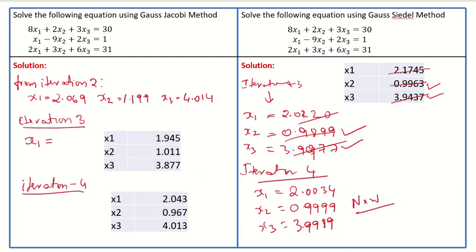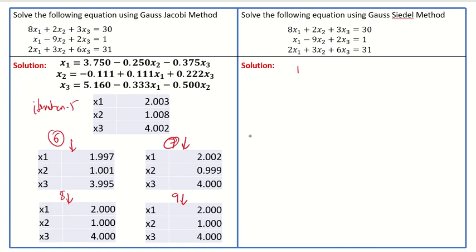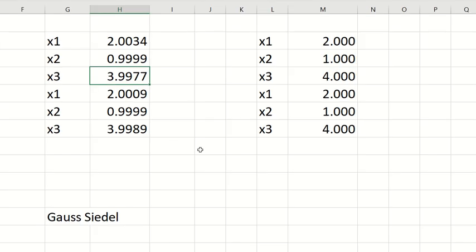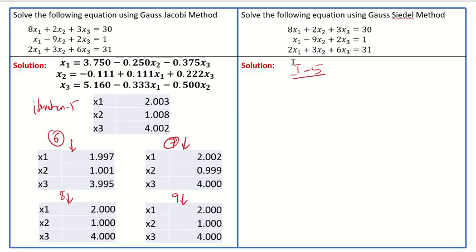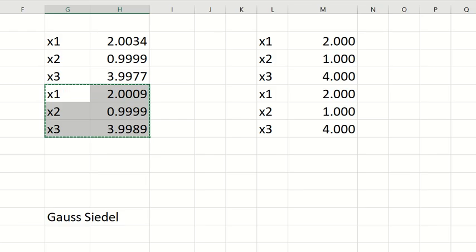So these iteration 4 answers you are going to use in the next iteration, that is iteration 5. Okay, so you got the new answers from iteration 4. Now these x2 and x3 values are used to find out x1.